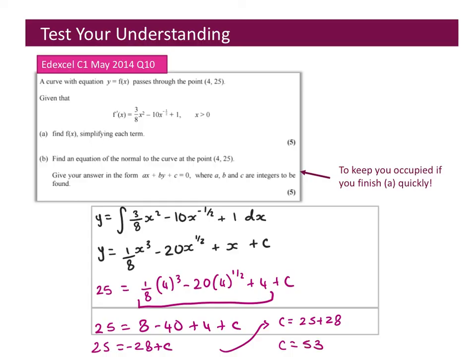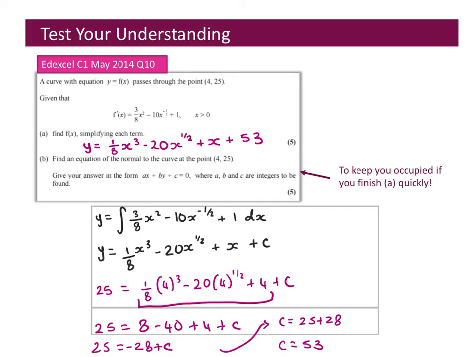So for the final answer for part A, we're going to have y equals 1 over 8 x cubed minus 20x to the power of a half plus x plus 53.